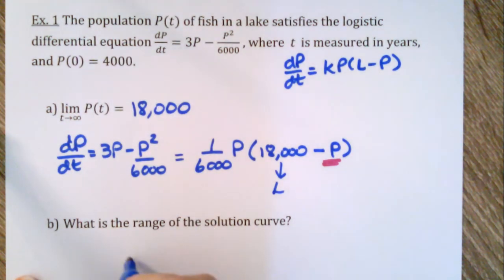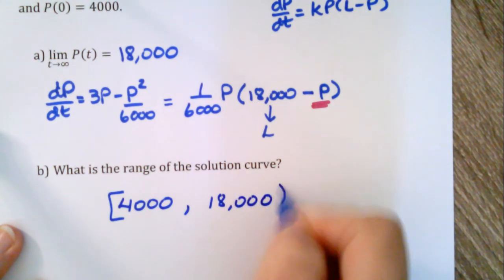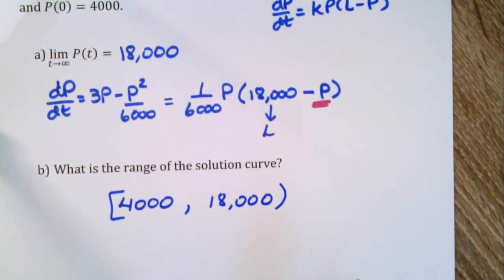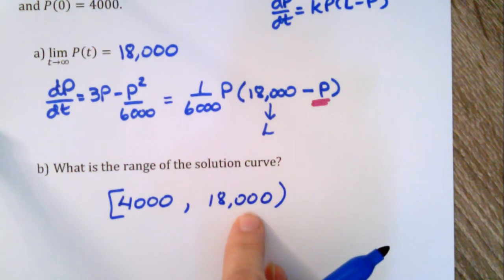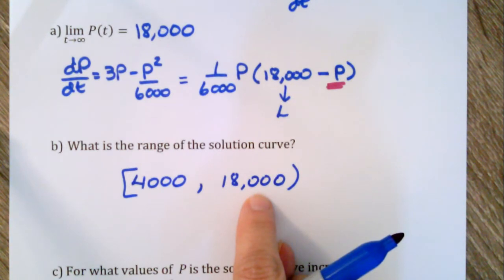So our range is from 4,000, that's where we're starting, to 18,000. And we're just going to put an open parenthesis on that because we're going to approach 18,000. As time goes to infinity, the population of fish is going to approach 18,000.